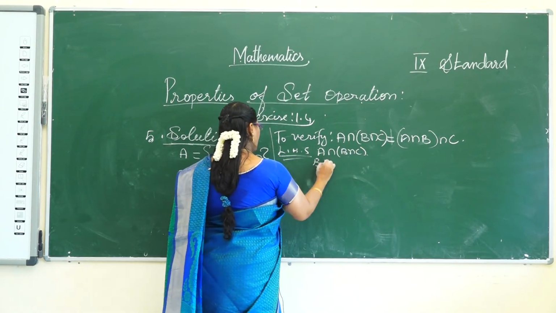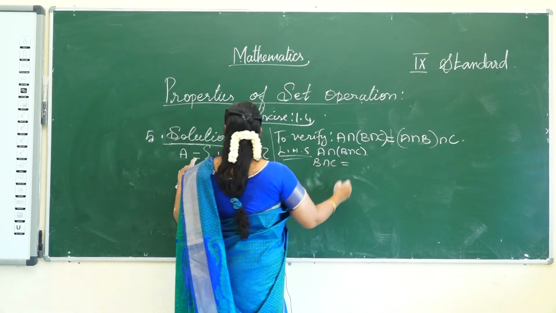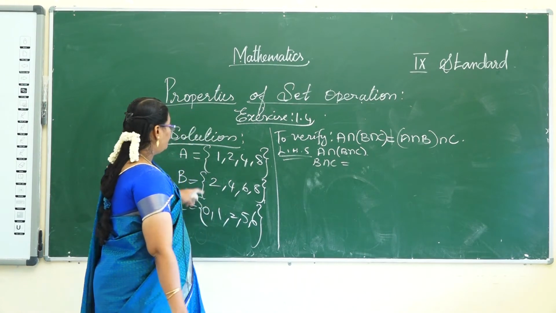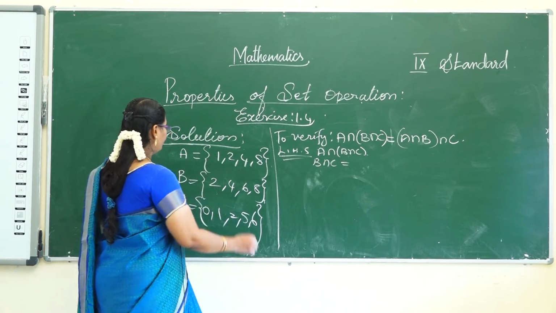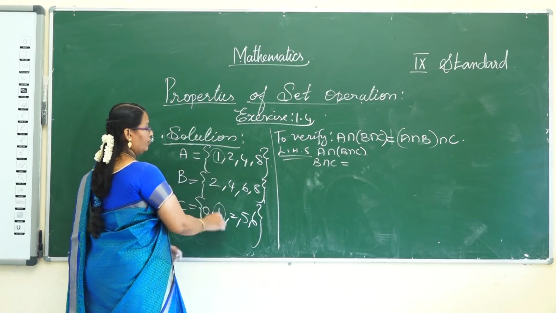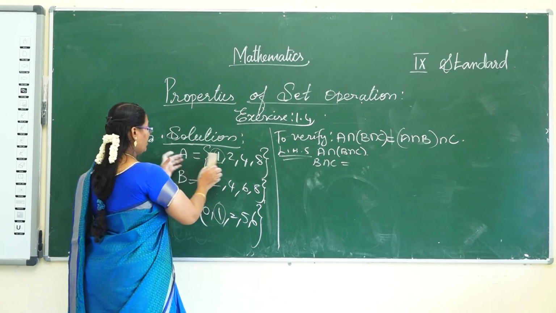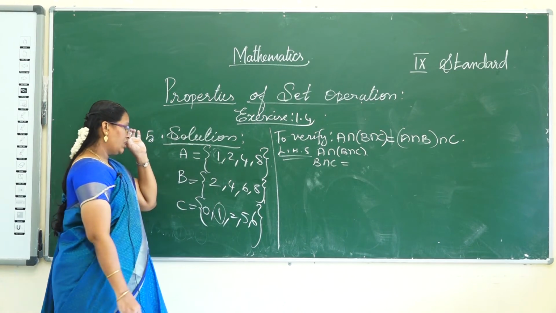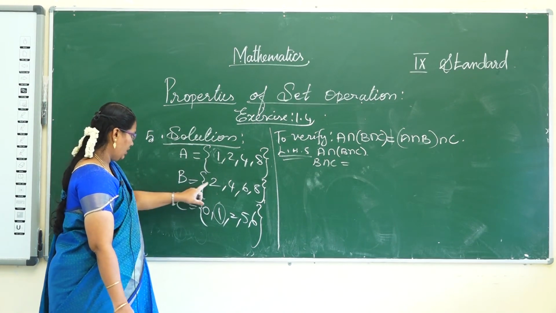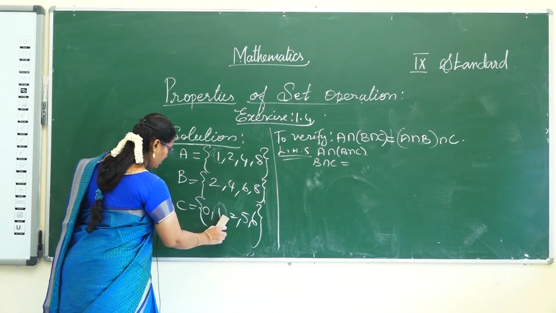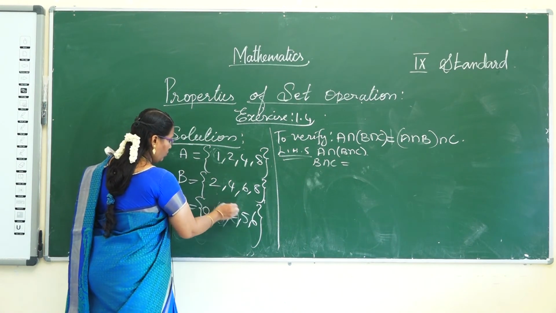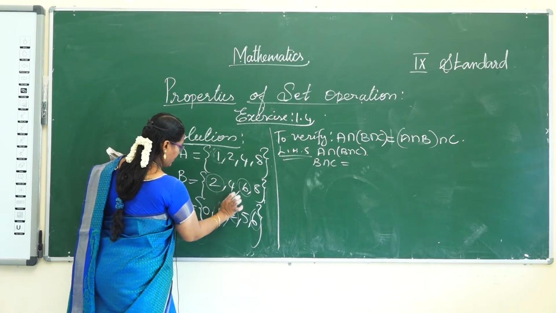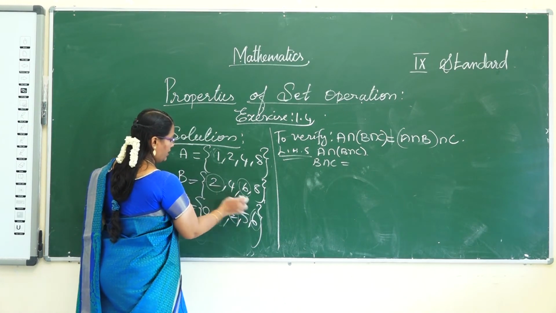So first consider B intersection C. Which are the elements common in B and C? 2 and 6.